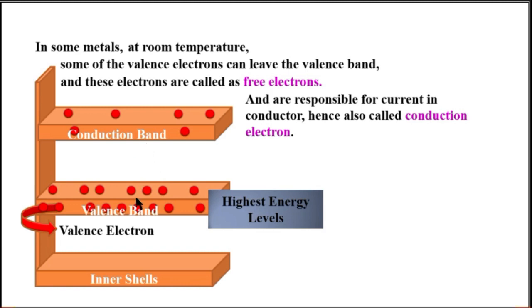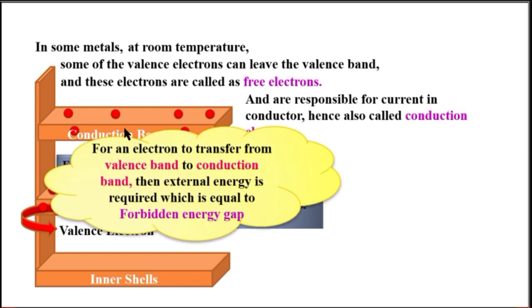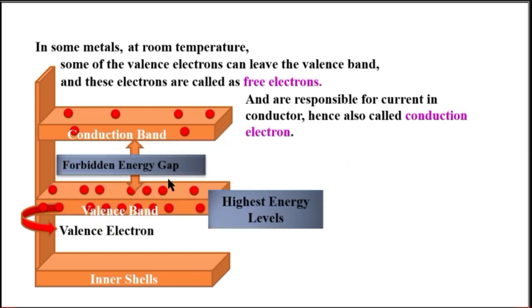The gap between the valence band and the conduction band is known as the forbidden energy gap. For an electron to transfer from the valence band to the conduction band, the external energy you supply should be equal to the forbidden energy gap. Then only can the electrons of the valence band jump to the conduction band.